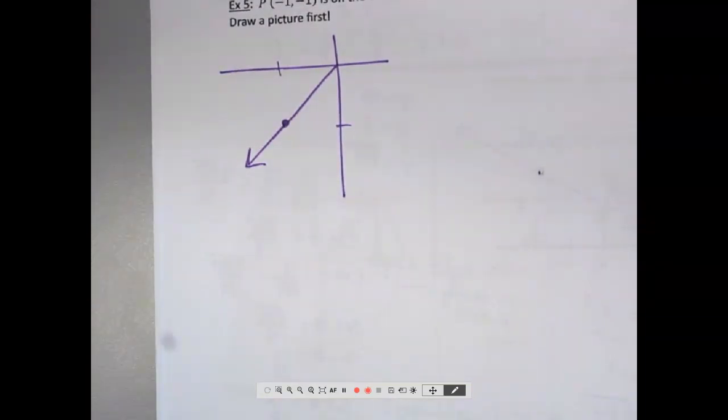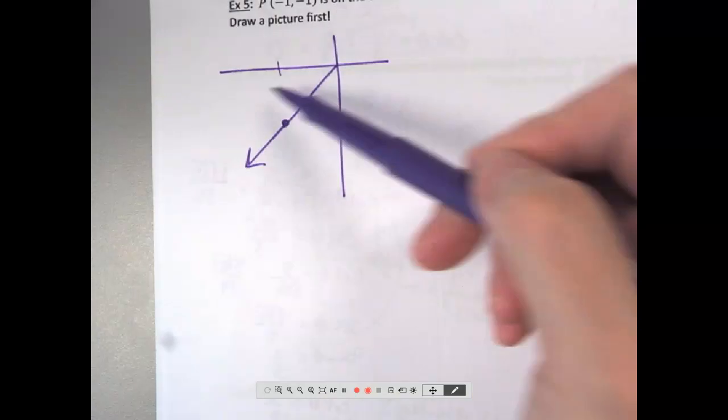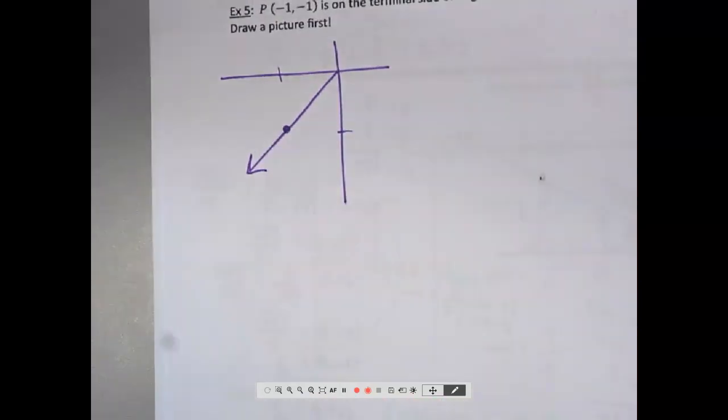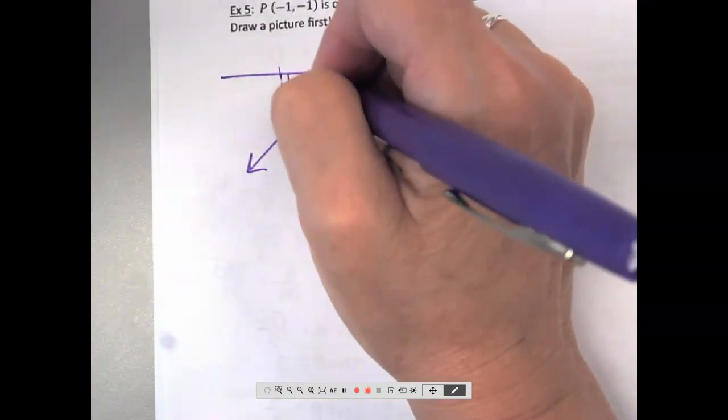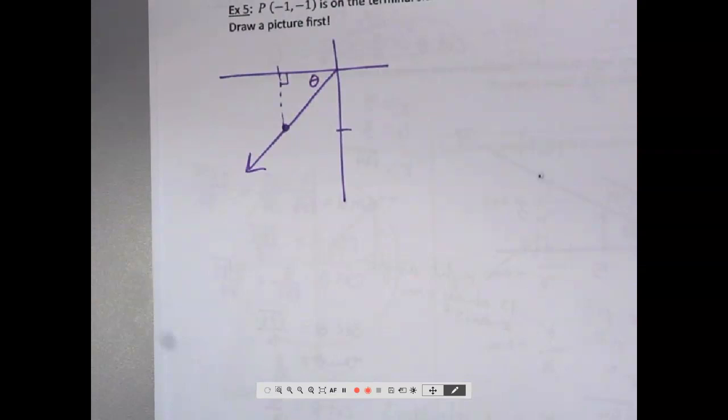So I went left 1, I went down 1, I have this ordered pair. I rotated some angle that is clearly more than 180, but I'm going to make a right triangle with the x-axis. My acute angle theta will always be up there by the origin.